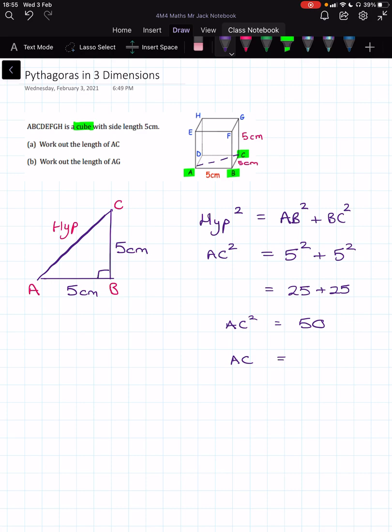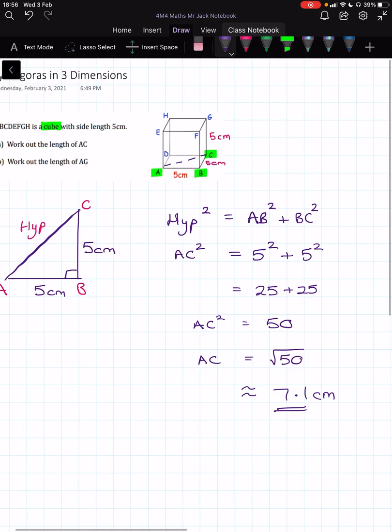So AC is going to be equal to the square root of 50. Now I don't know what the square root of 50 is off the top of my head. It's 5 root 2 as a surd. But as a decimal number, that's 7.1 to one decimal place. Let's pop that in actually. Good habit.